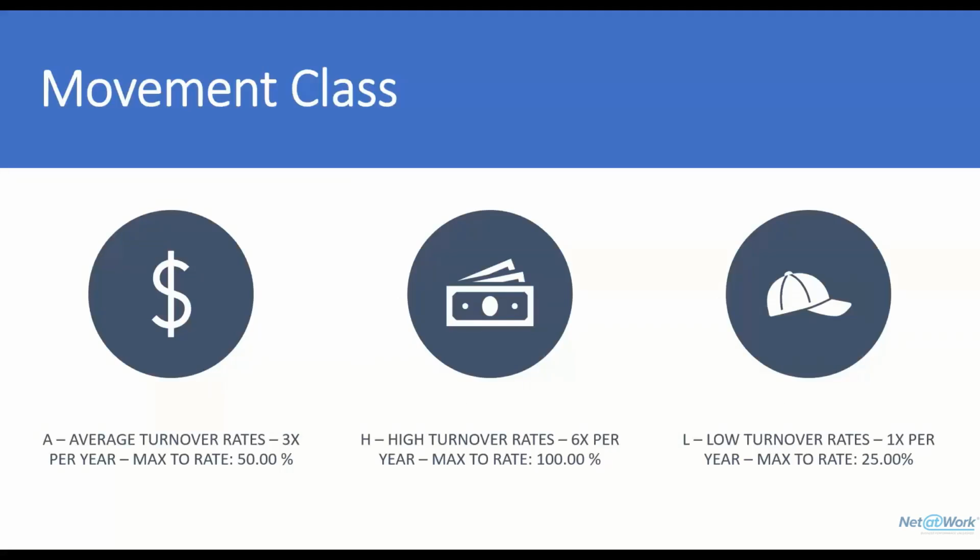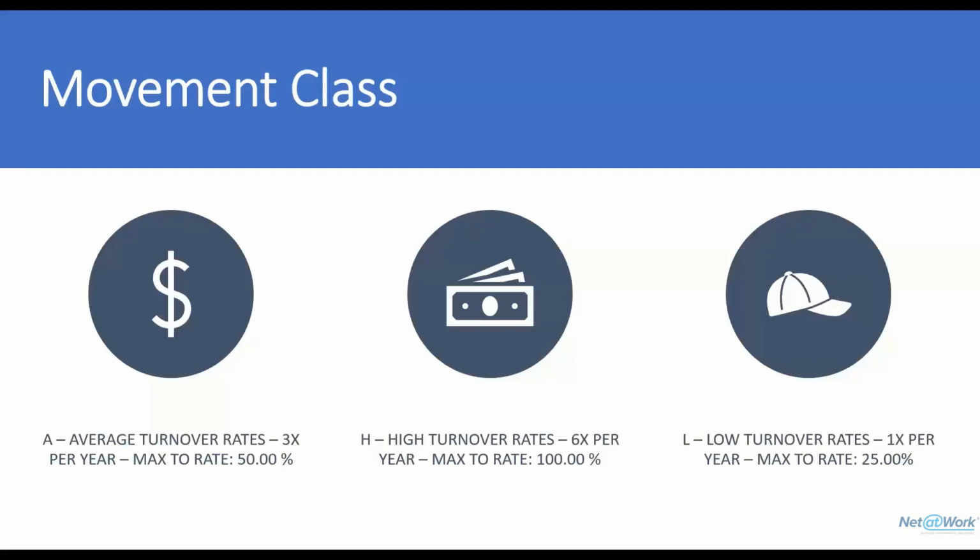Okay, movement class. So movement class A would be average turnover rates, counted 3 times per year. Maximum movement, 50%. High turnover rates, you want to count those more often if they're moving faster, 6 times per year, maximum turnover rate. And then you have the low turnover rates that hardly move at all. So count them once per year, and the maximum turnover could be 25%.